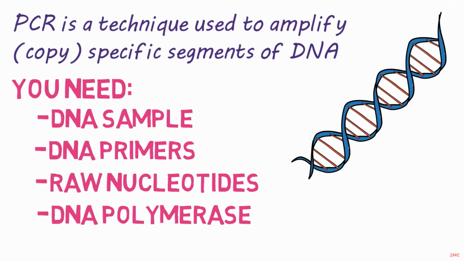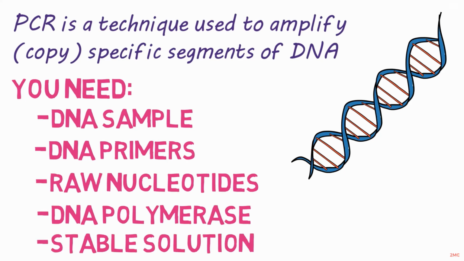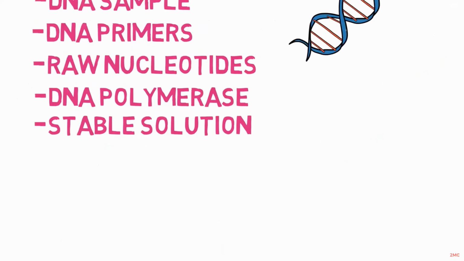This all goes into a special, stable solution. Once all the ingredients are in, you run the solution through many temperature cycles until you reach the amount of DNA copies needed. There are 3 steps to this cycle. Step 1 is denaturation. The solution is heated, allowing complementary DNA strands to separate so that all the DNA in solution is single-stranded.